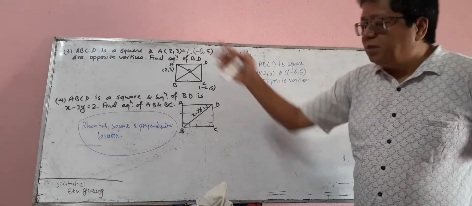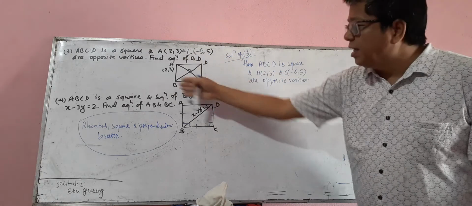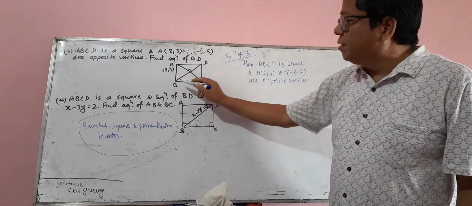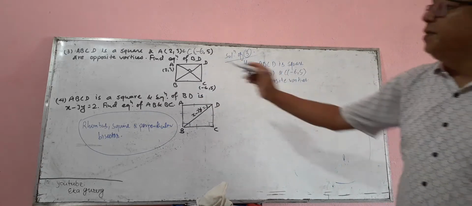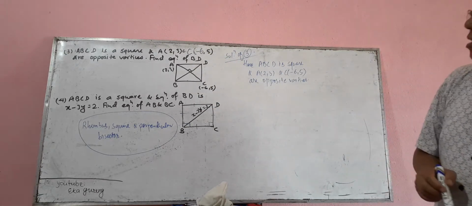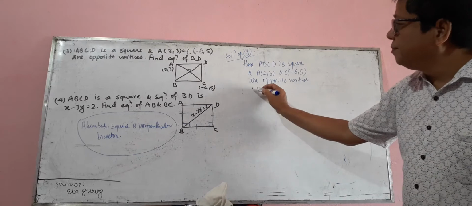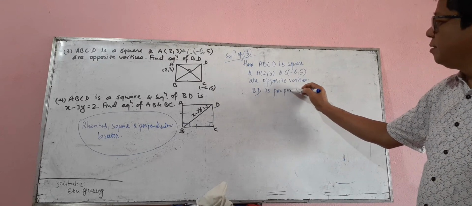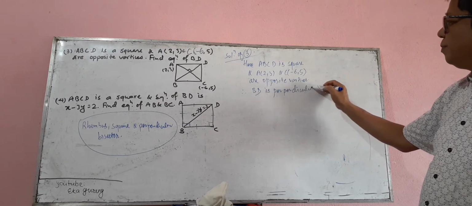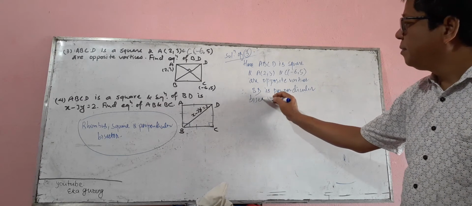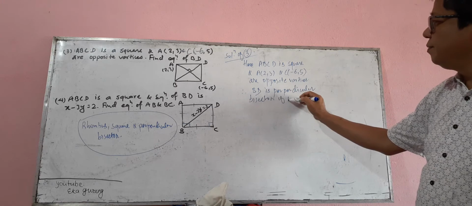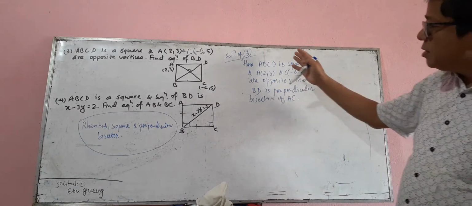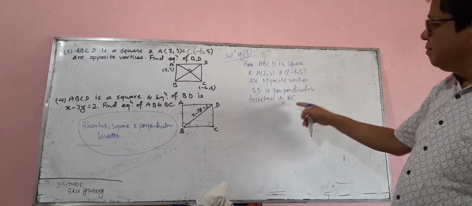It is given in the question. Look at this diagram. This is a square. So AC is perpendicular bisector of BD, or BD is perpendicular bisector of AC. Therefore you can write BD is the perpendicular bisector of AC. This is the given condition.